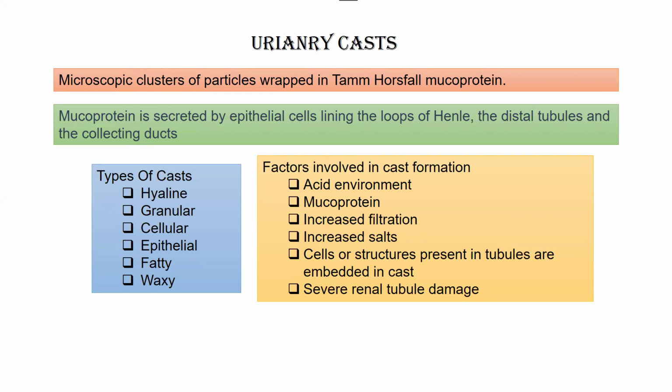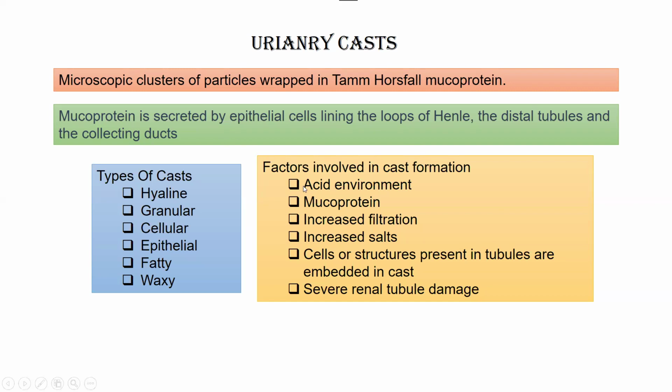Basically, there is hyaline cast, granular cast, cellular cast, epithelial cast, fatty cast, waxy cast. And listening to the names of these casts, you might have got the idea of what particles or what cells are making these casts, and we will see their detail too.